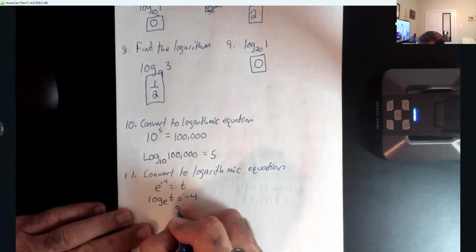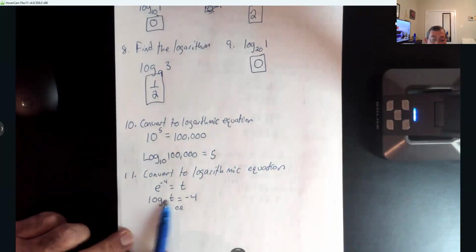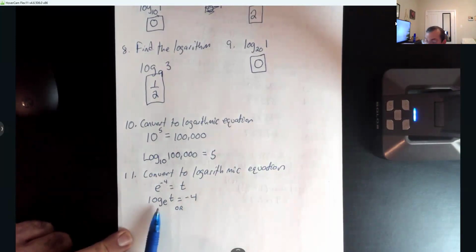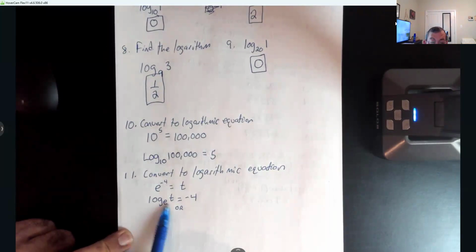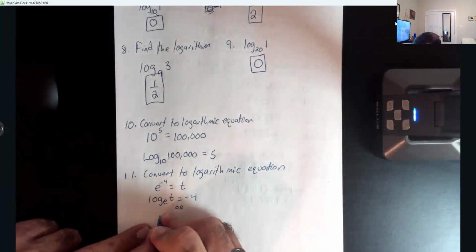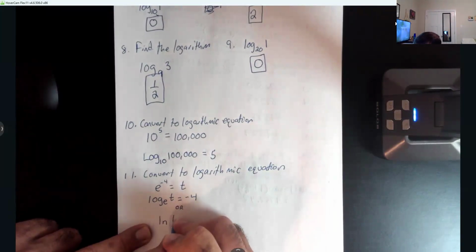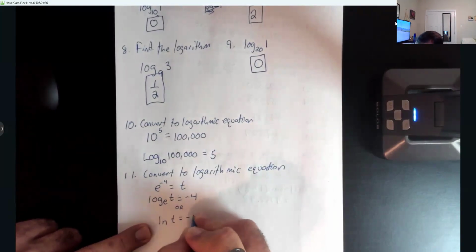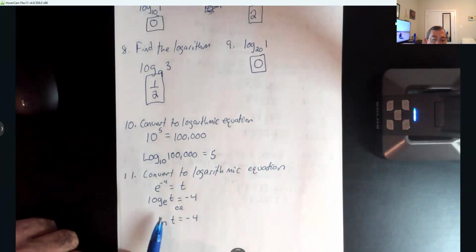Now this one, realize the log base e, I can write that as another way. Log base e, we can write as ln of t equals negative 4. Okay, so math takes it either way.